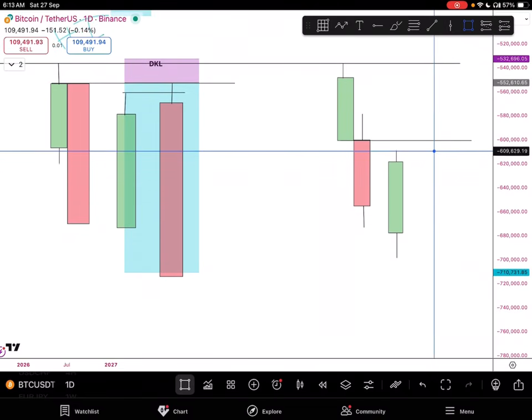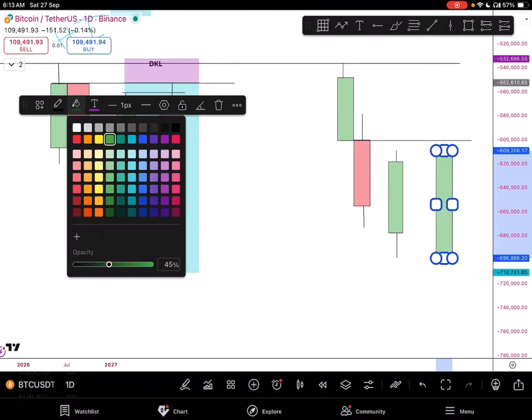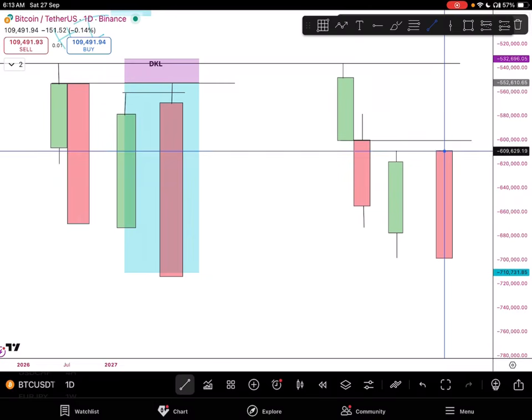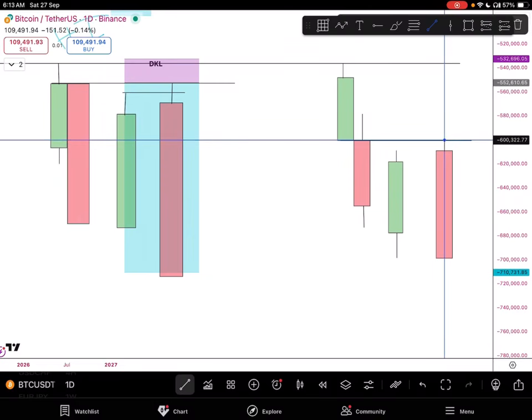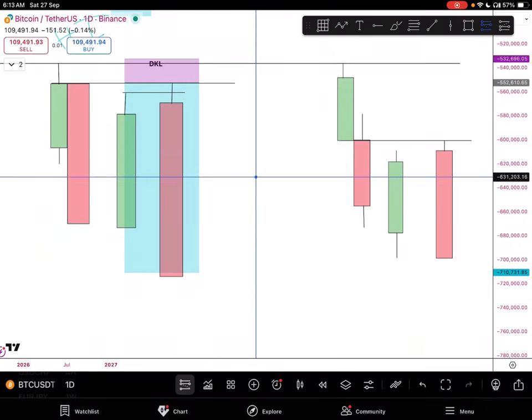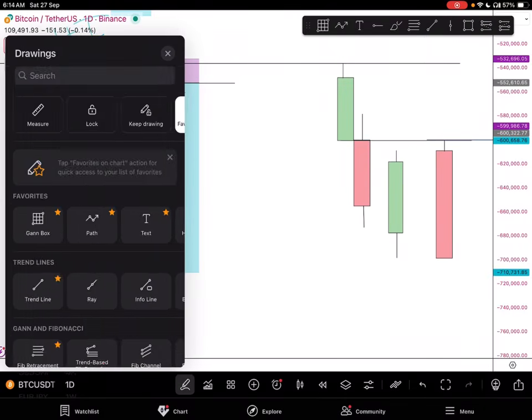So after that, I will choose my entries like this. So this is my another type of confirmation entry in lower time frame, which is H1 time frame.